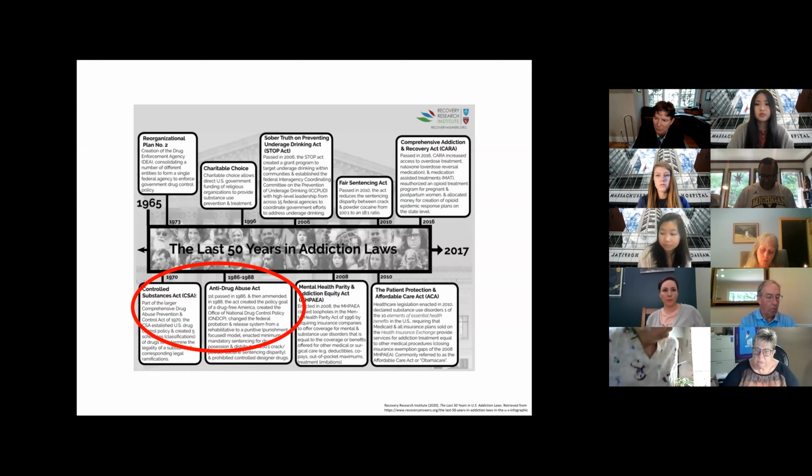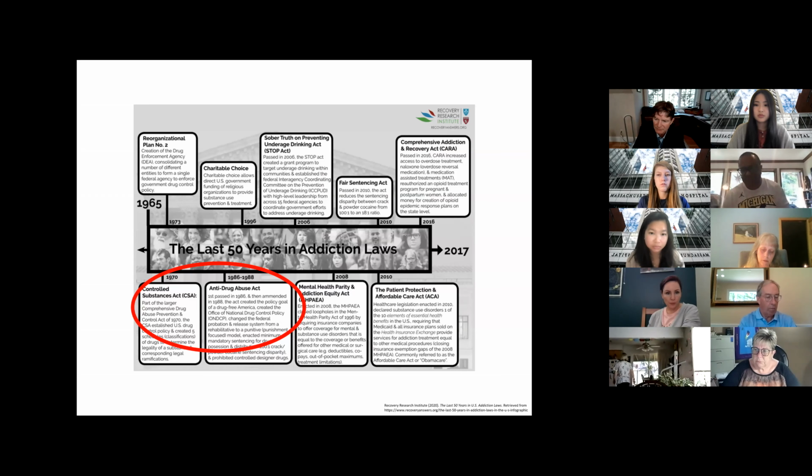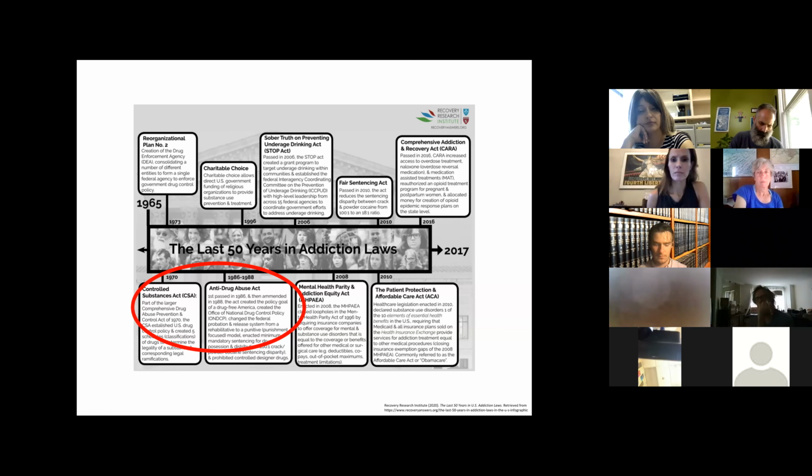And it's reflected also in the legislation that's been passed over the last 50 years. Initially, in the 70s and 80s, we saw legislation pass which was more of a punitive, tough on crime approach, which saw the prison building industry exponentially increasing incarceration, particularly among minority persons, and tough on crime approaches with mandatory minimum sentences for drug possession.